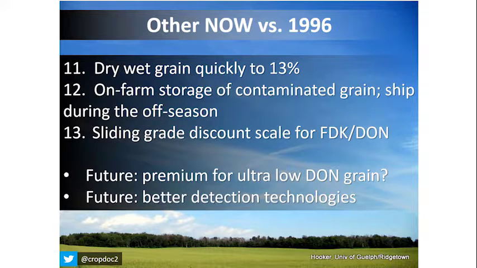Growers aren't given a premium for ultra low contaminated wheat, like a high quality wheat. And I think that's the same situation in the US as well. And better detection technologies, especially at the elevator. Some of those technologies are getting better and better to detect how much toxin is in a load of grain delivered to the elevator.